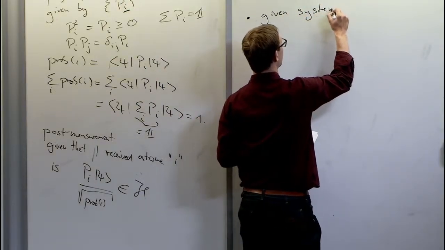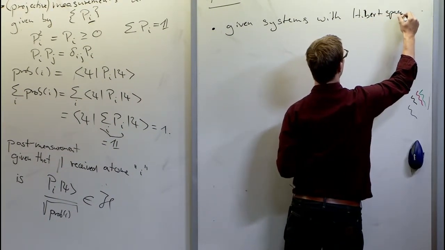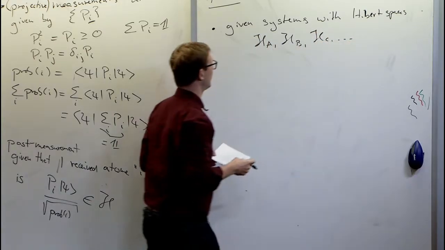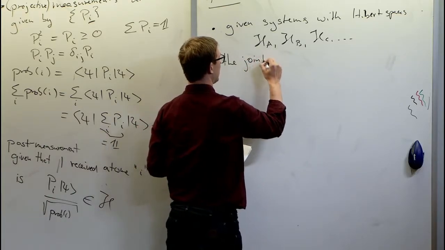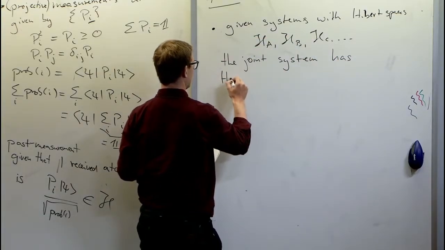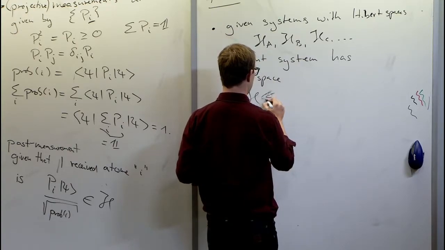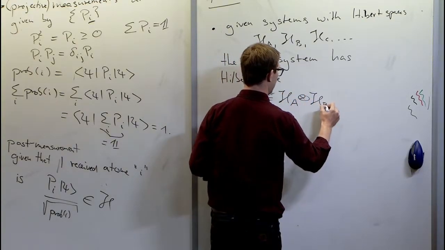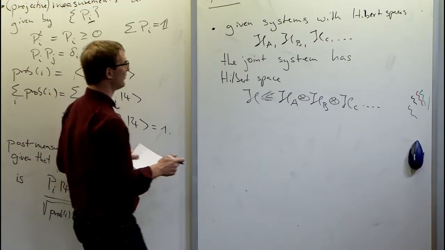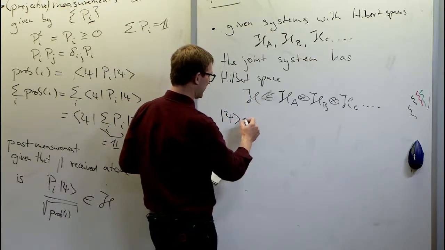Given systems with Hilbert spaces HA, HB, HC, etc., the joint system has Hilbert space H equal to HA tensor HB tensor HC, etc. And of course, the states of the joint system are states in this tensor product Hilbert space.